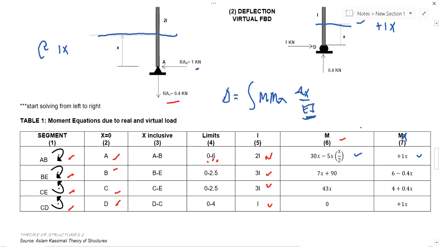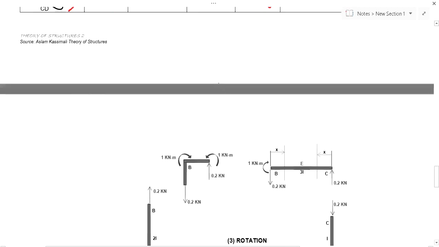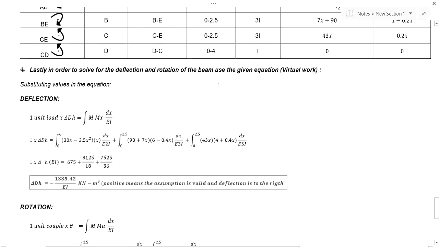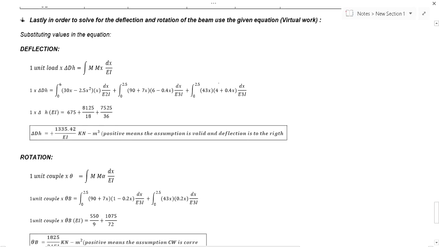So, if we substitute our values in our expression, ito yung magiging value natin. Ito yung M, ito yung mx. This is for segment AB. Substitute lang ito dito. BE and CE.